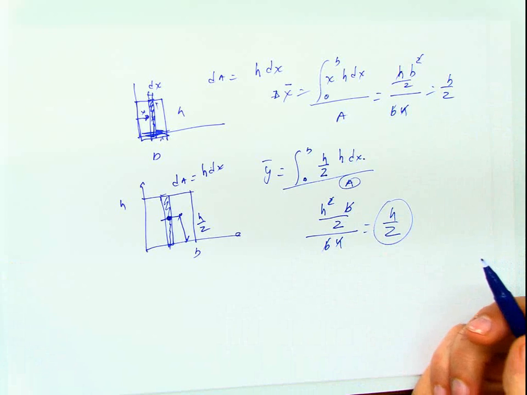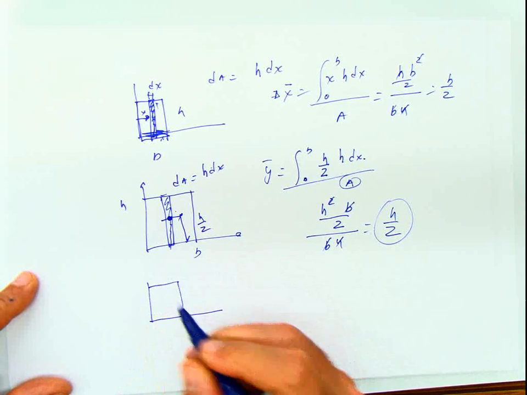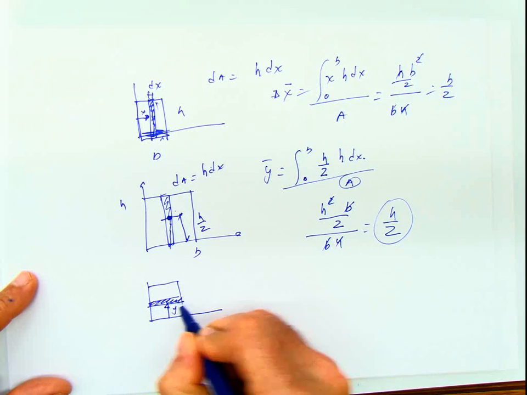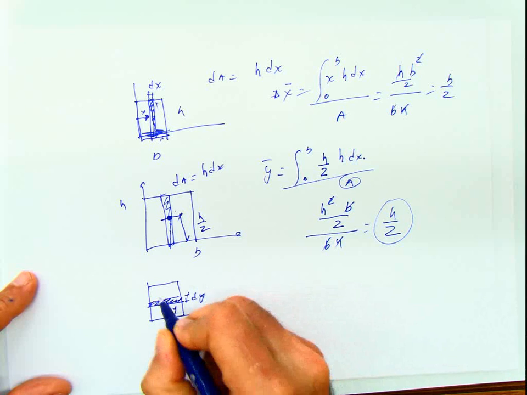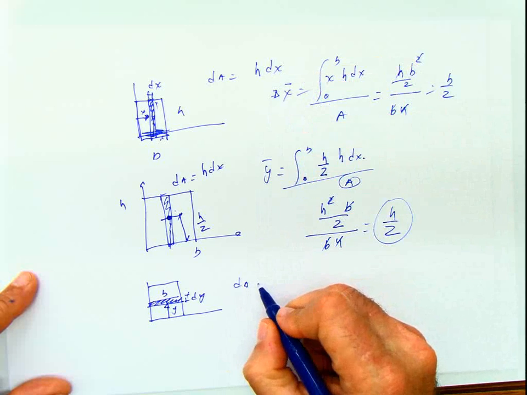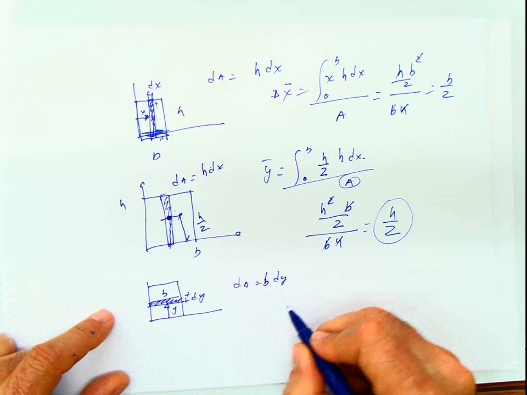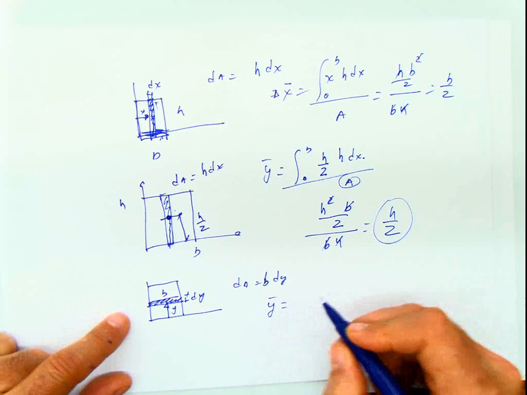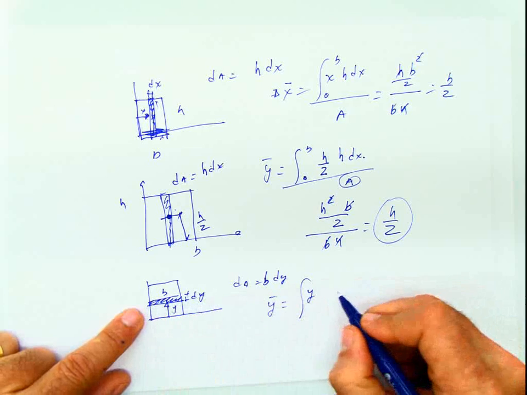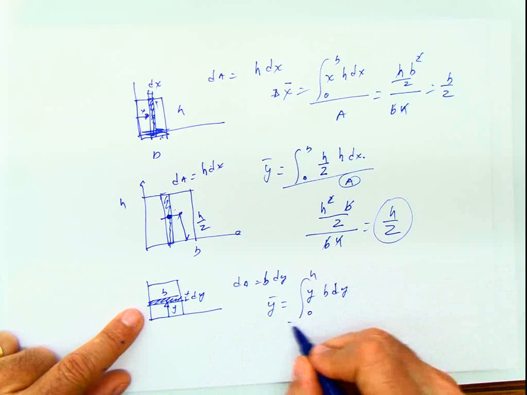You can use it, or instead of using this, you can go back to the method that we explained before. Then you say, I'm going to measure y, so this is going to be my differential. If this is dy and this is b, my differential of area, I change it. I don't use that anymore. It's going to be b times dy, and then I use the integral for calculating the y bar: the integral of y multiplied by b dy, from 0 to h, divided by the area.